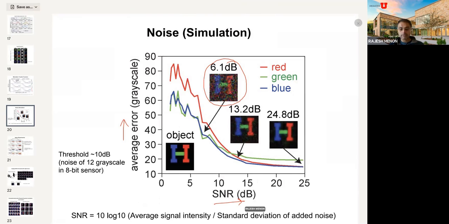As SNR increases from left to right, the average error drops, of course, right? So with lots of noise, the average error is high, at a low SNR of six or so, but at very high SNR, of course, the error is very low. You can get very beautiful, very precise images.